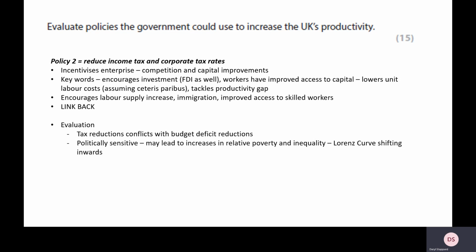When you've got growing poverty problems in the economy, giving tax breaks to rich businesses, potentially high-income individuals is quite insensitive. And it could also conflict with attempts to reduce inequality gaps. And I could draw that Lorenz curve shifting outwards to demonstrate that increase in poverty that might happen due to these tax reductions. So guys, that is how I would tackle that 15-mark question.